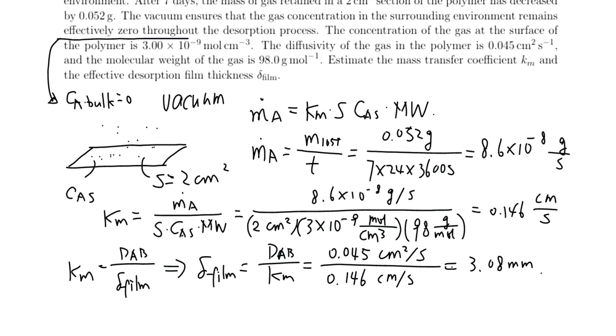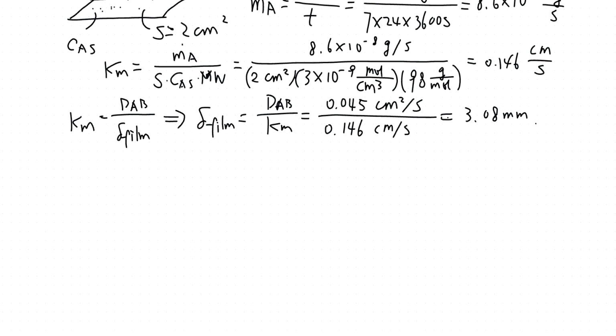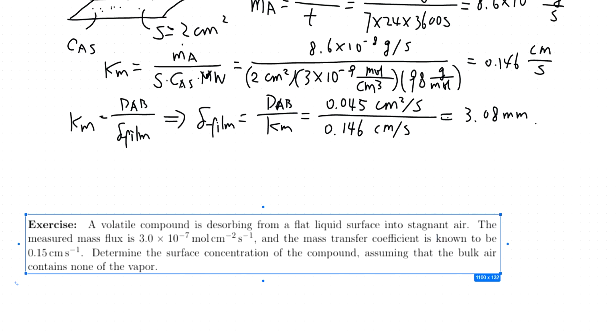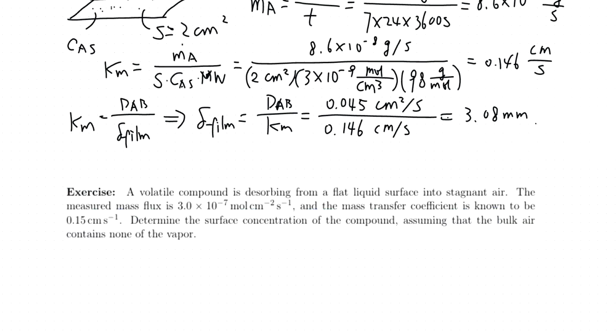So this is an example. Hopefully it helps you develop intuition and digest what km is and what film thickness is. Next problem: a volatile compound is dissolving from a flat liquid surface into stagnant air.